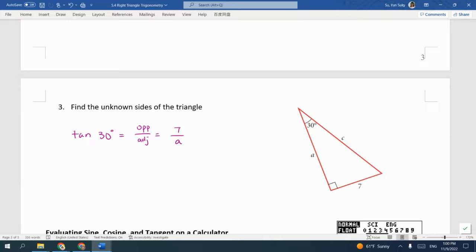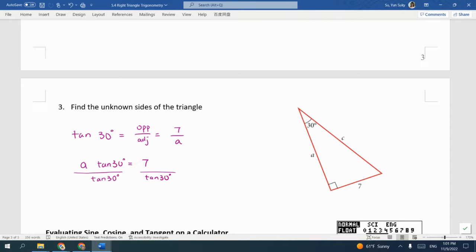We want to solve for A. So both sides multiply by A, right? And then what do we do? Both sides divided by tangent 30 degrees. Right, everybody? We want to find the A.